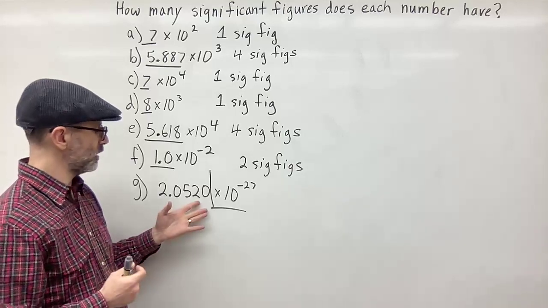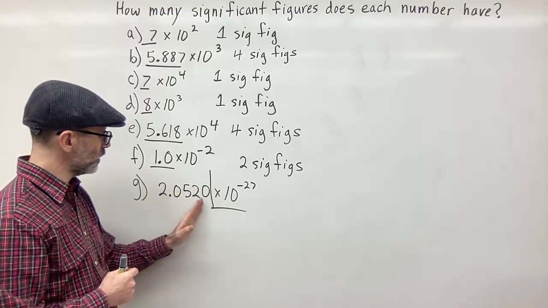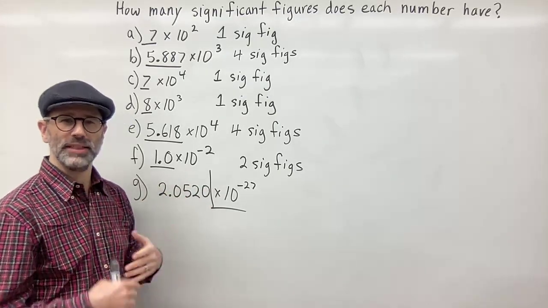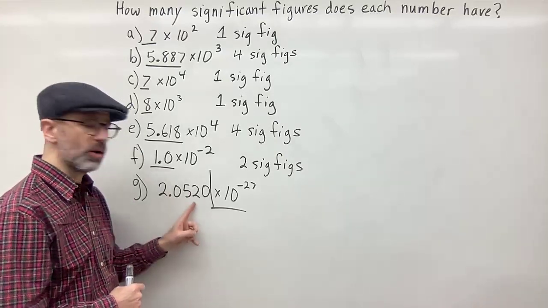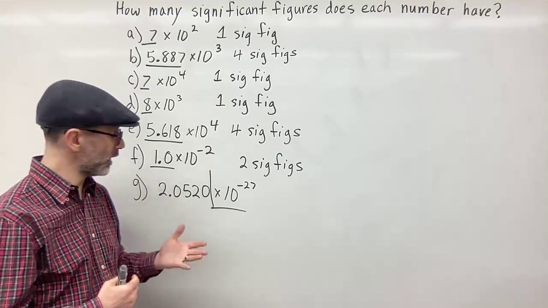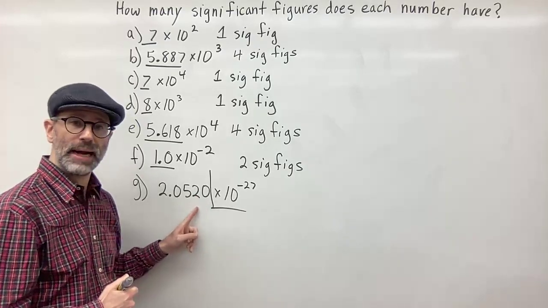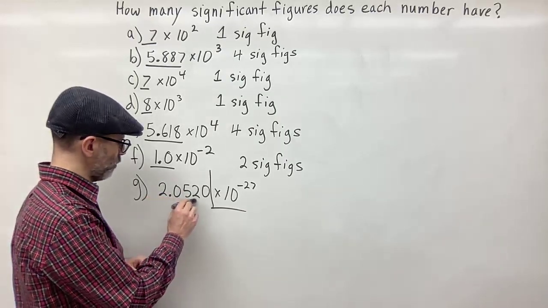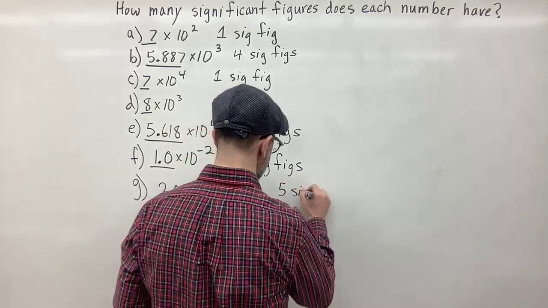Notice that I have these zeros in here, and I don't have to worry about whether this zero is significant. If it's in the number, it is significant, because that's the way scientific notation is written. All of the digits here are automatically assumed to be significant. So I have 1, 2, 3, 4, 5. So this one has 5 sig figs.